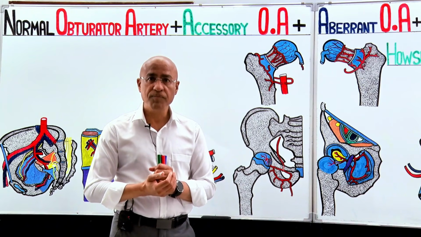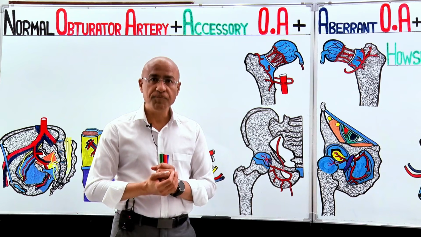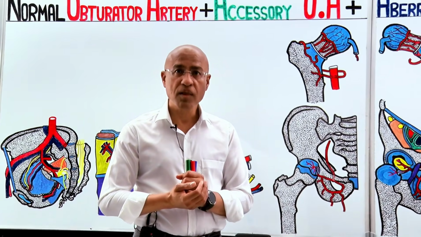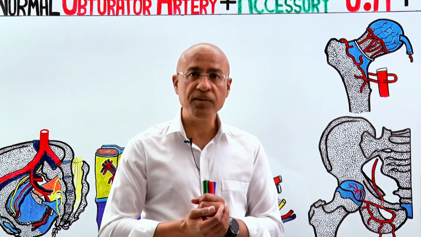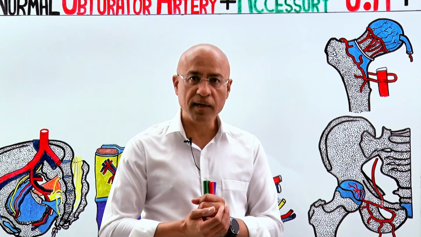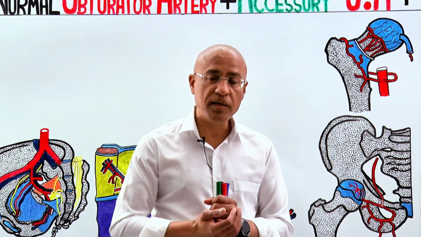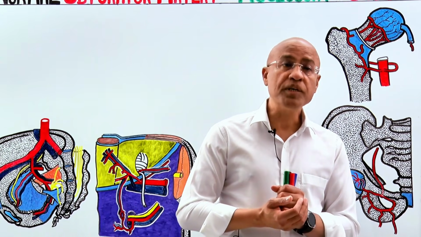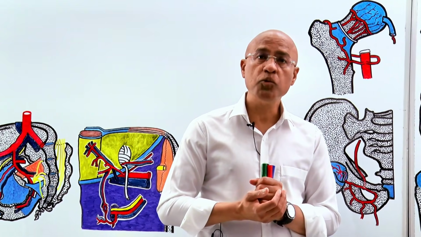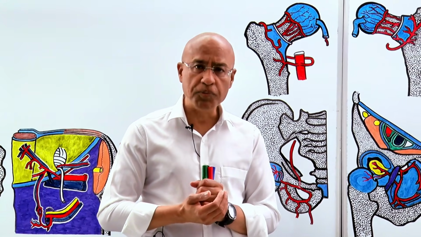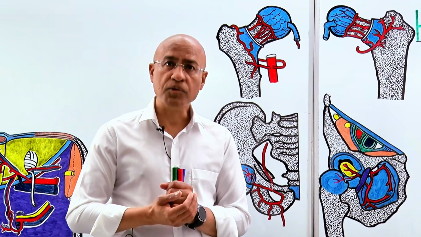And those variants, which are accessory arteries or aberrant arteries, come in the way of surgical or laparoscopic work when we are managing femoral hernias or inguinal hernias, or even when there are pelvic fractures, especially anterior pubic ramus fractures, or when you are doing some pelvic surgeries like bladder surgery or any retropubic surgical procedure.